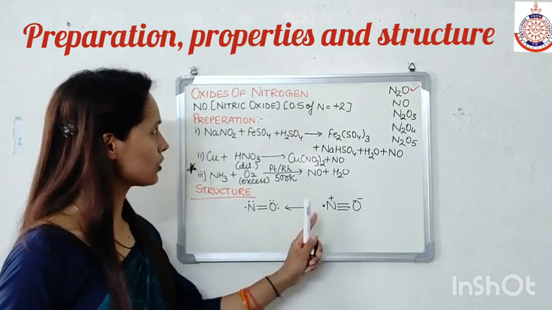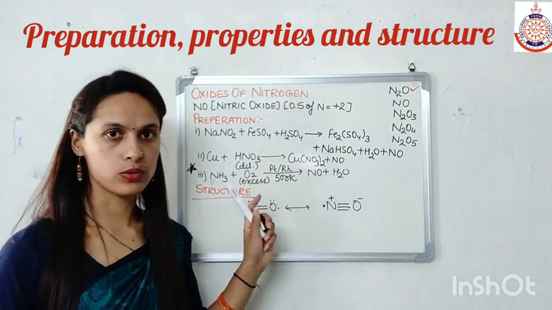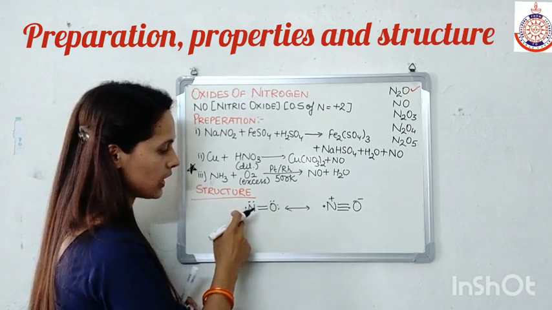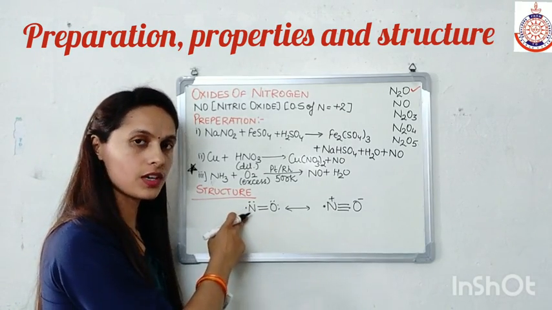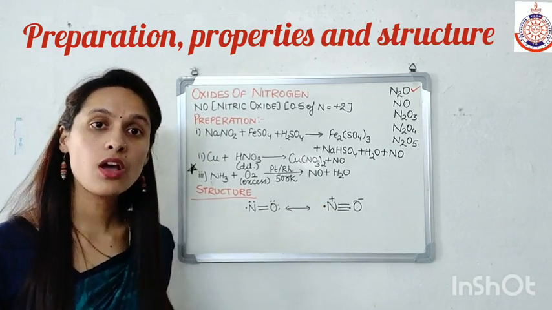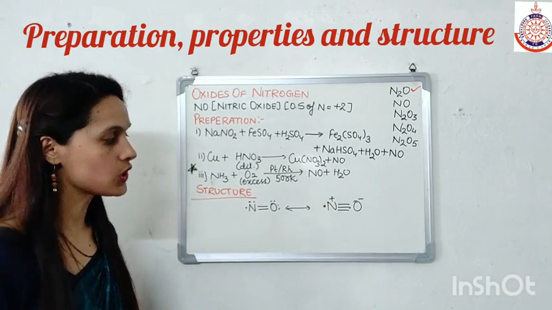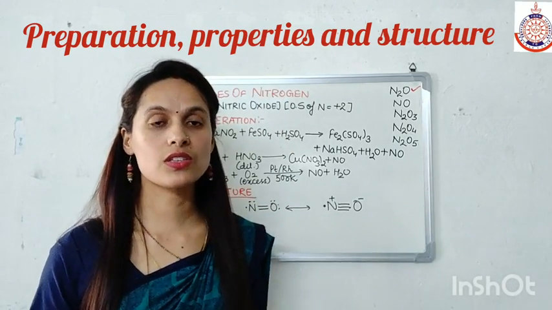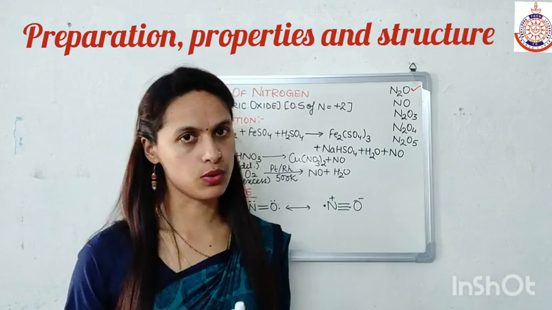So this is the structure of NO, in which the nitrogen contains an odd number of electrons. In this structure nitrogen has 3 electrons, and in this structure nitrogen has 1 electron. So this structure is an exception to the octet rule, meaning it is a limitation of the octet rule.